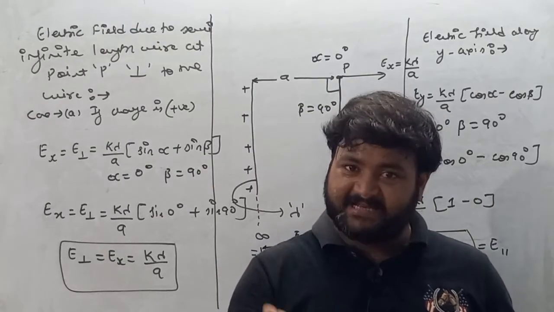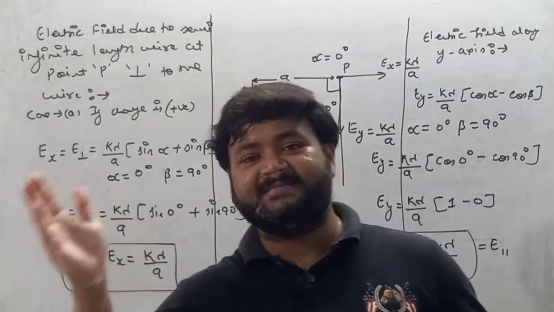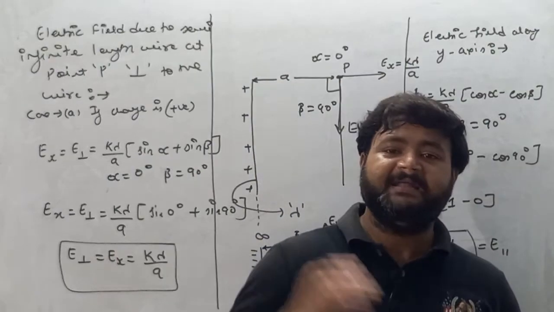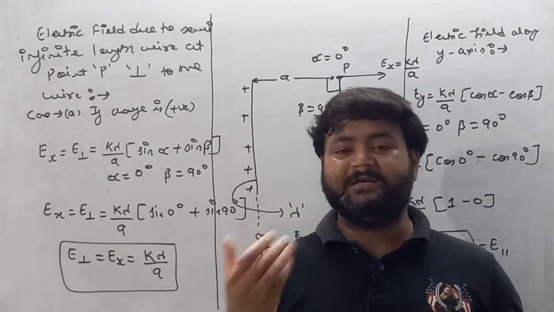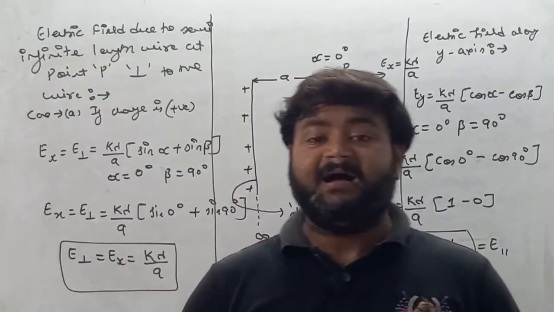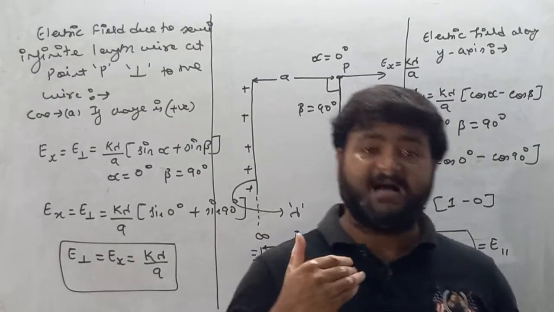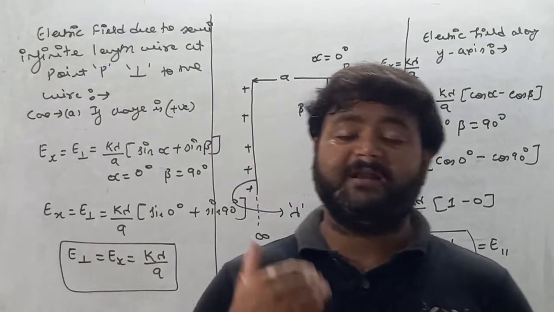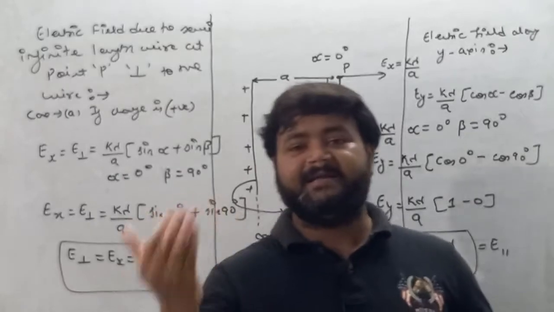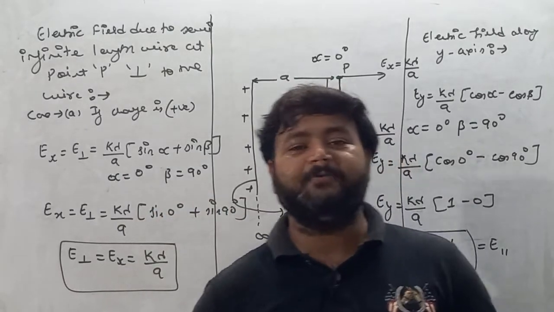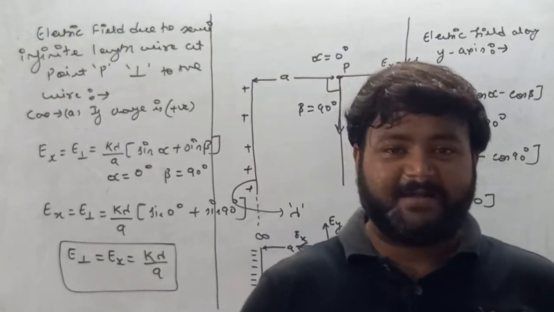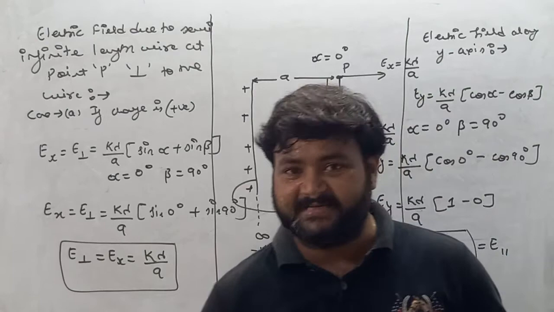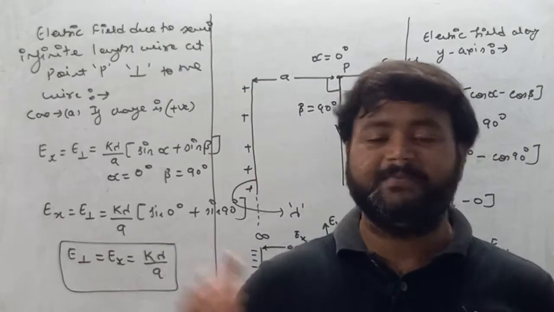Now, if wire is of infinite length, then instead of alpha, you'll write 90, and instead of beta again, you'll write 90. So you'll get only one electric field, along x-axis, which is away from the wire for positive charge and towards the wire for negative charge. Similarly, when we are talking about semi-infinite length wire, my dear student, then one angle, alpha, is considered to be 0 and beta is considered to be 90 degrees.